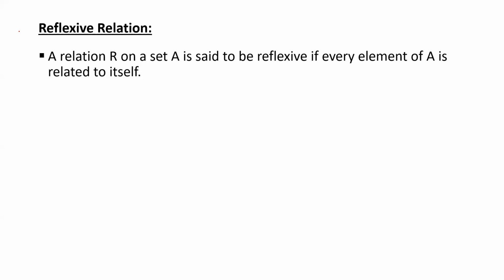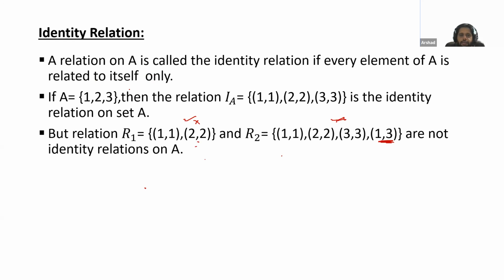First we will check the definition of this reflexive relation. The definition is: a relation on a set is said to be reflexive if every element of A is related to itself. They are saying that every element of A is related to itself, and if we check the identity, they are saying related to itself only.